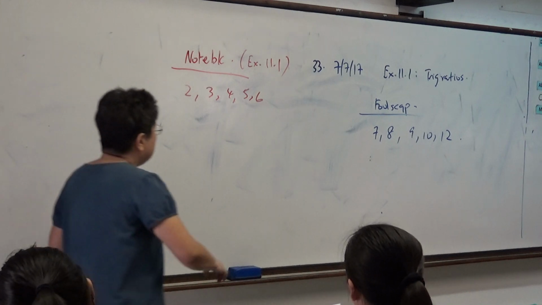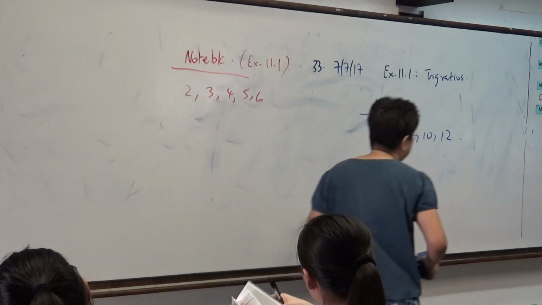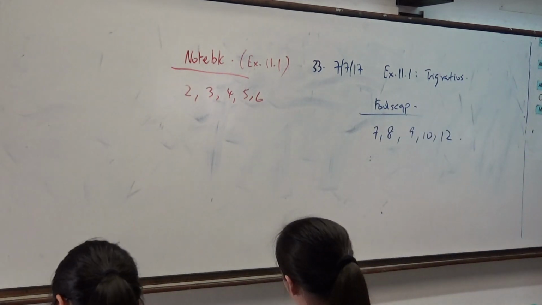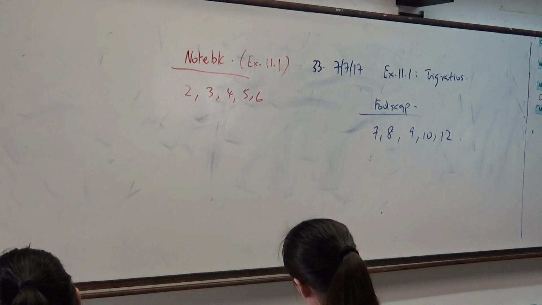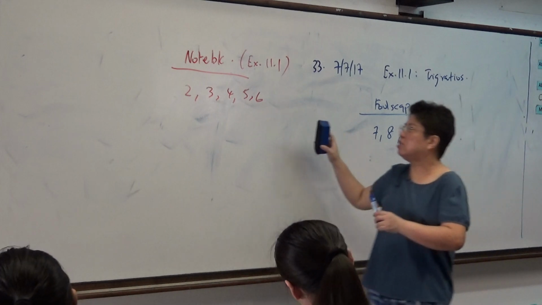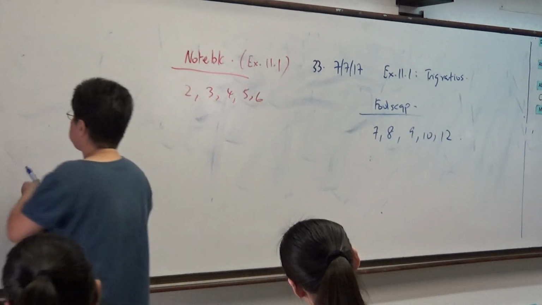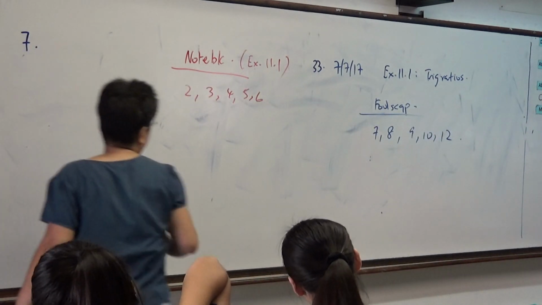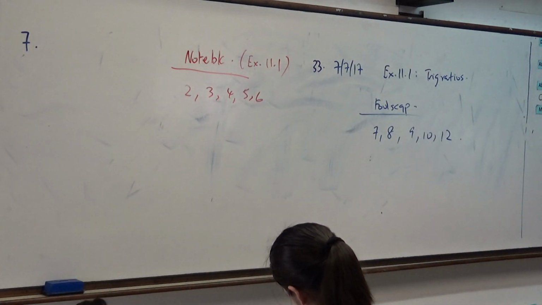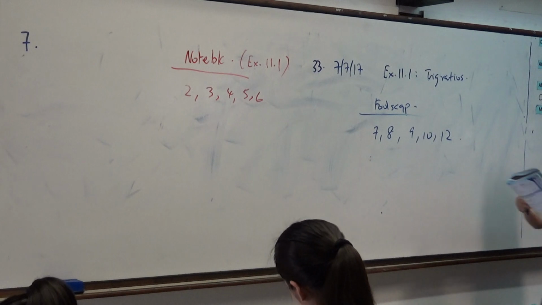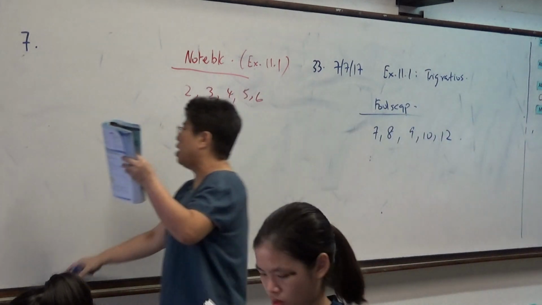Okay? Now, in our full scale, we'll start question 7 straight away. Can you just draw that picture for me first? Don't need to be accurate, just draw. Actually, this 7 is quite simple. I'll just tell you how to do that.